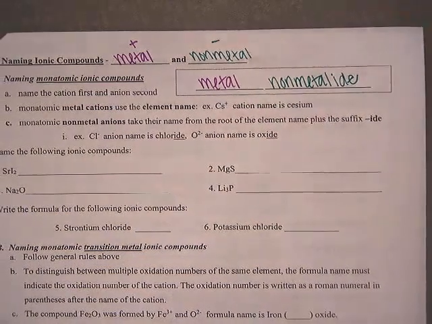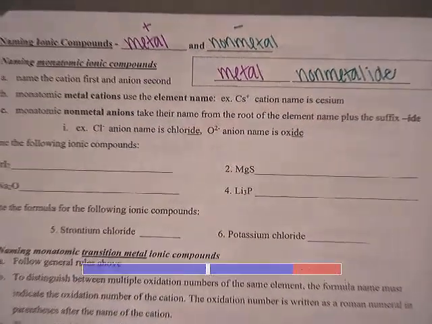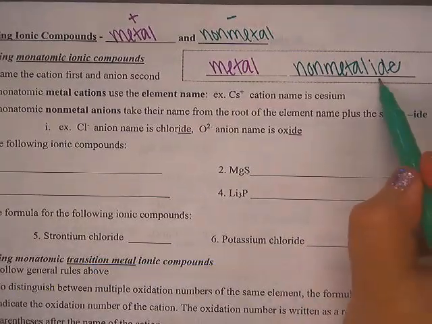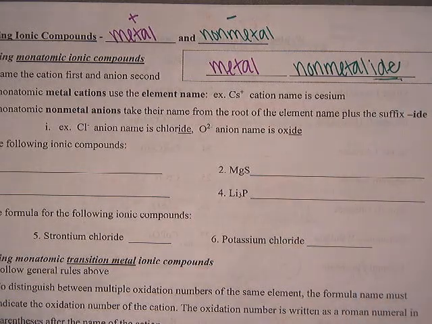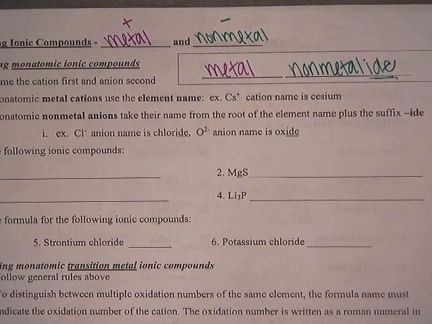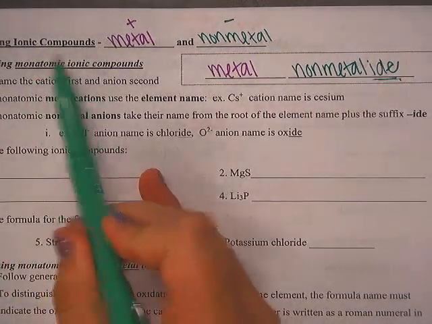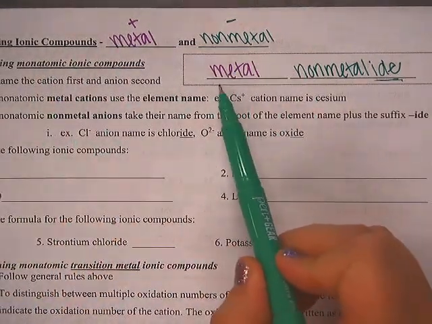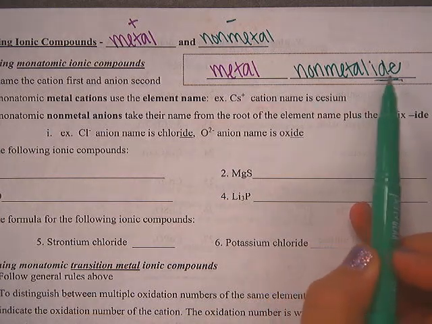So we're changing the ending of whatever nonmetal you have to -IDE. We'll use just the root of whatever the nonmetal's name is, and if you're not sure about the root, it will come with practice. It really is just shortening the name of that element to make it sound better. So when we're naming monatomic ionic compounds, we follow the convention metal + nonmetal-ide.